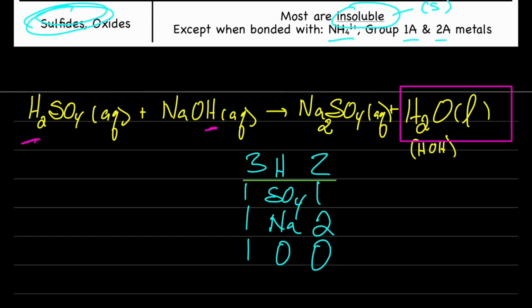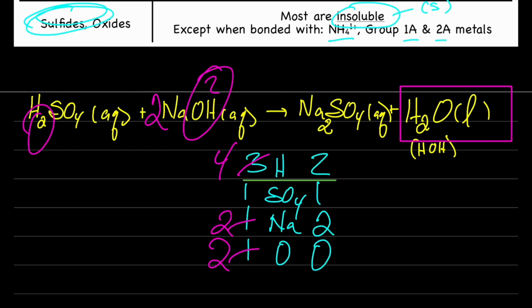That'll hopefully make it a little bit easier. Okay, so moving on. SO4s look good. Nas not so good. If I put a 2 here, I now have 2 Nas, 2 O's, and H's. I have 2 plus a 2 over there, which makes 4 H's, right? So I have the 2 and then those 2.